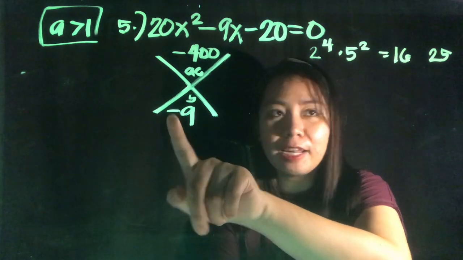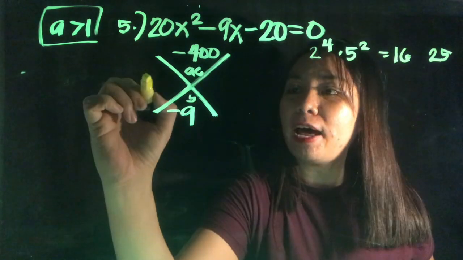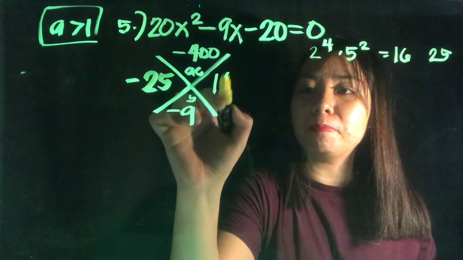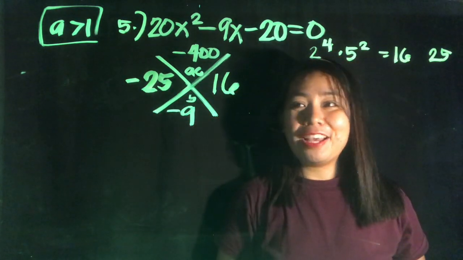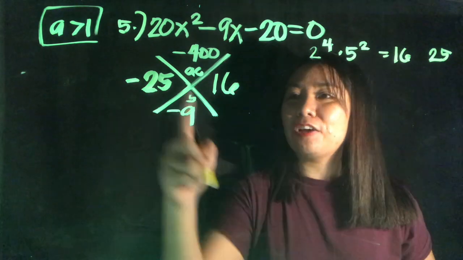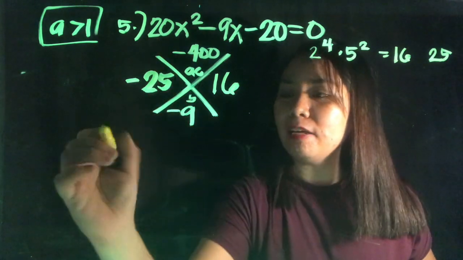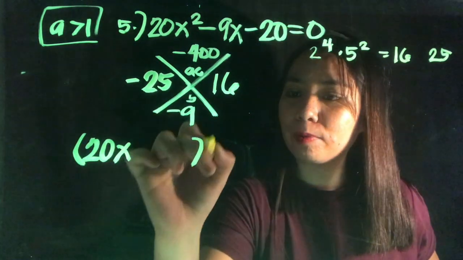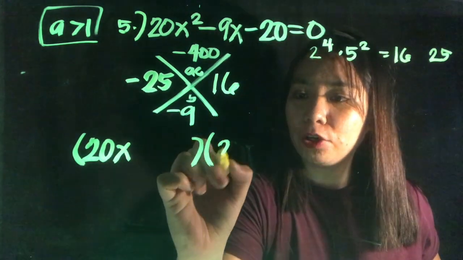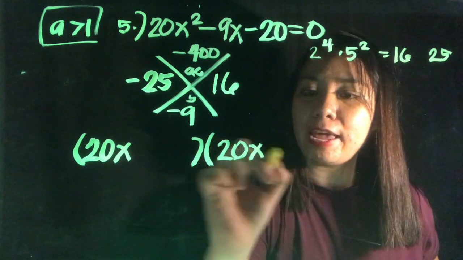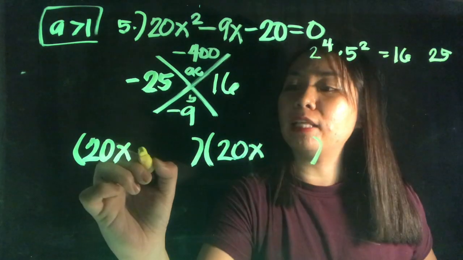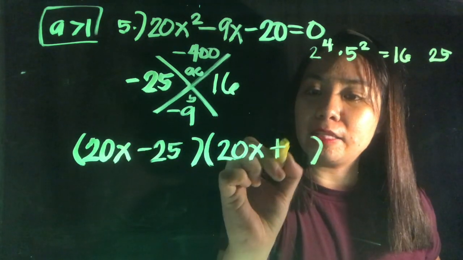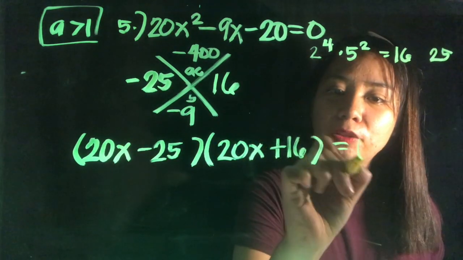So, since ang sign ay negative, 25 will get the negative sign while your 16 would be positive. Yan. So, ang gagawin po uli natin, kopyahin natin si 20 and then put x. Yan, for our initial term, initial value, 20x. And then, copy na po natin yan si negative 25 and 16. Then, don't forget, equate to 0.